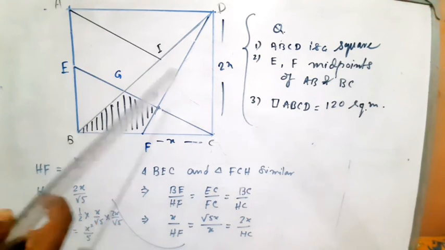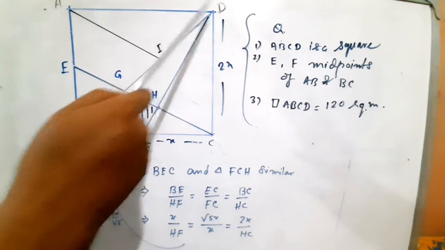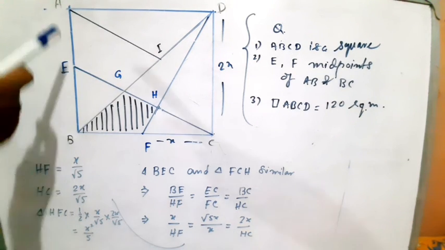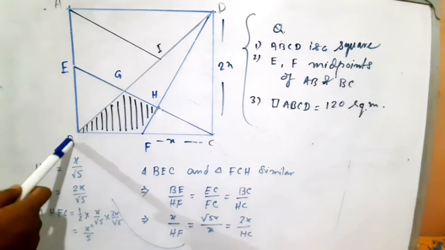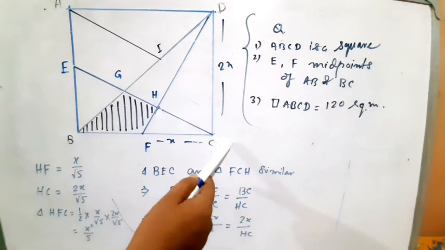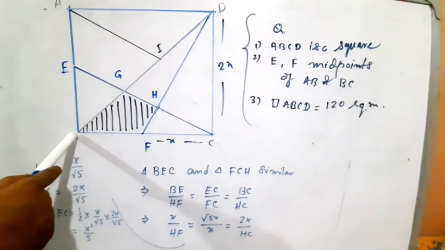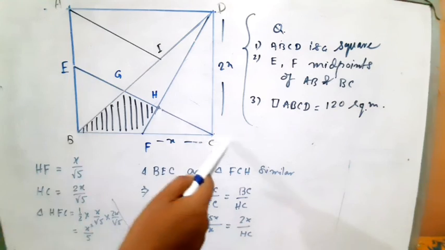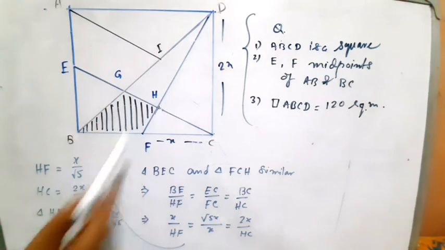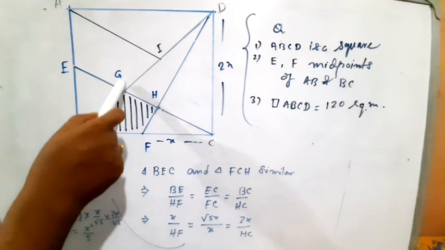Again, we can easily prove that I is the midpoint of DG. How? We can easily prove that triangle ADI and triangle BGC are congruent. How? AD equals BC, and angle ADB equals the alternate angle DBC, and angle AID equals angle EGI, as they are opposite angles.